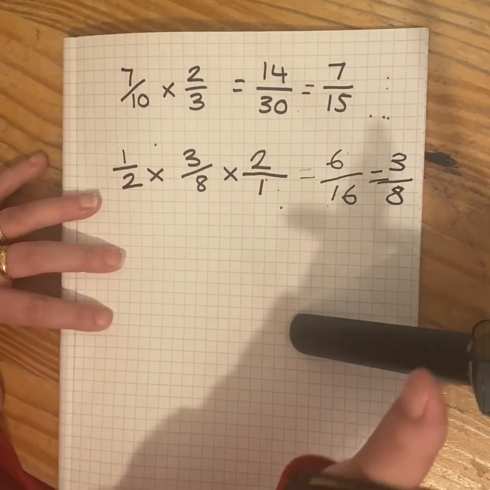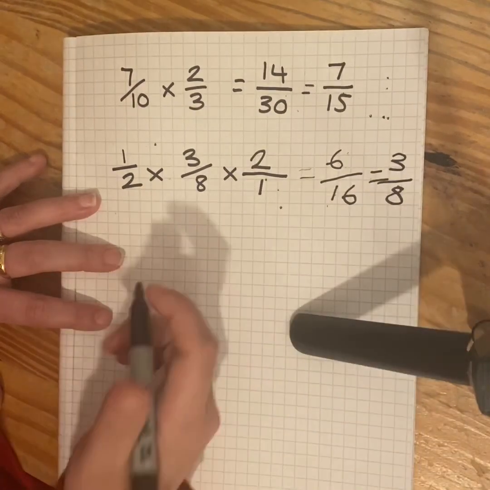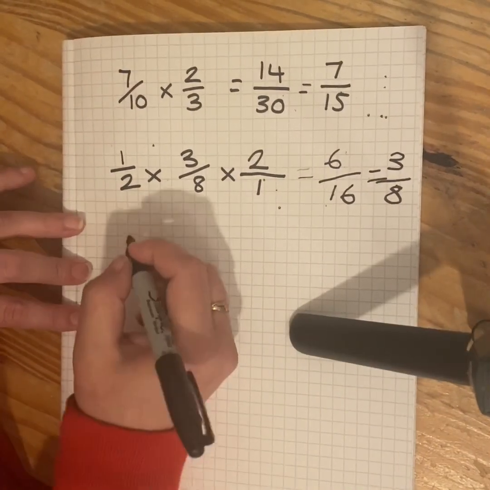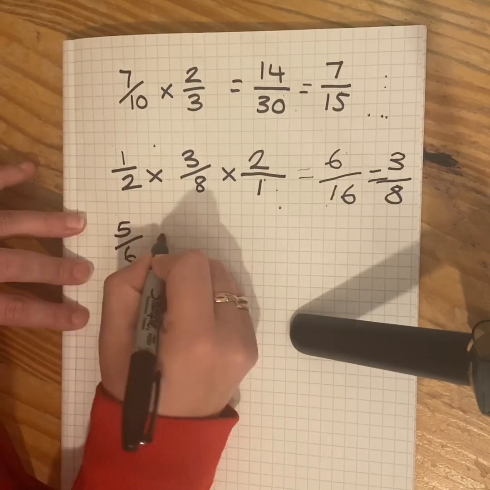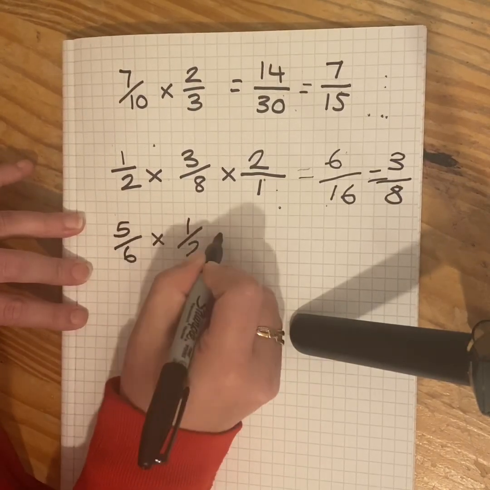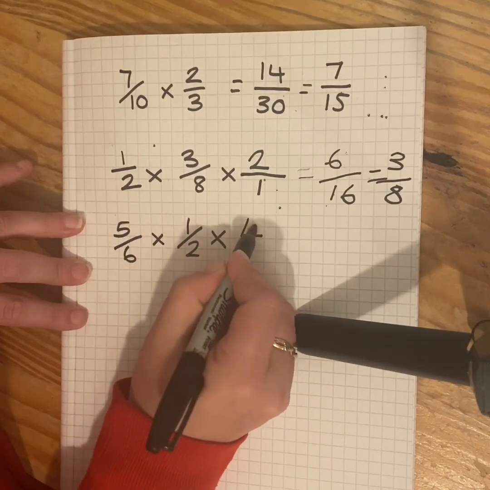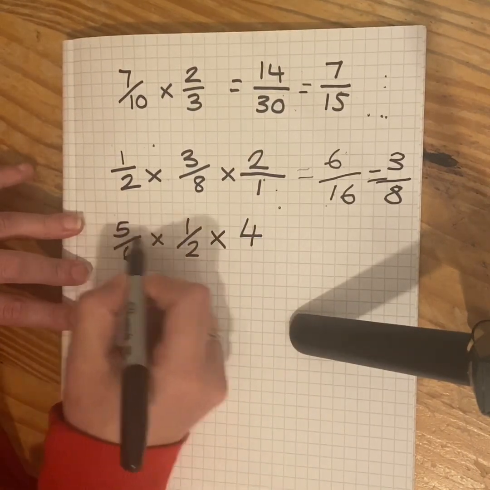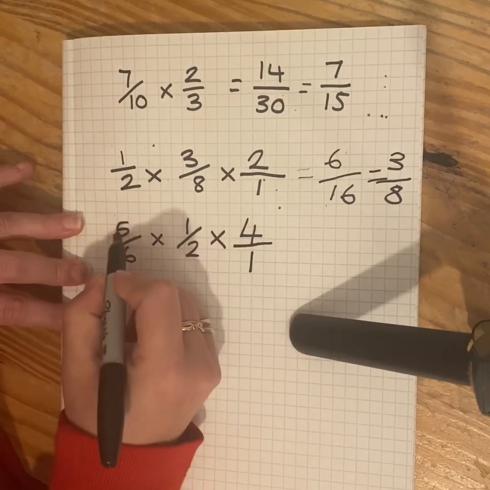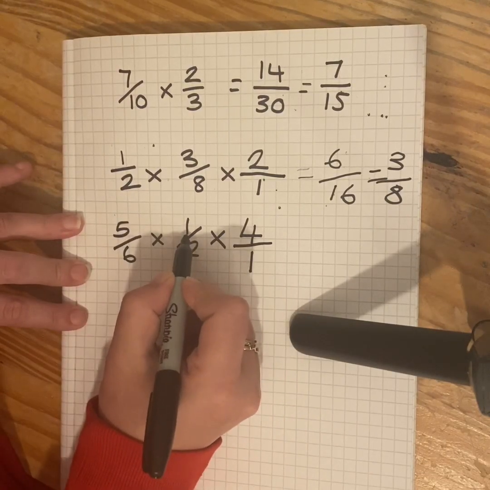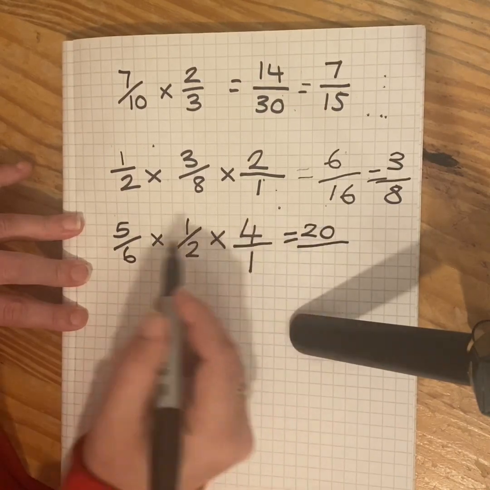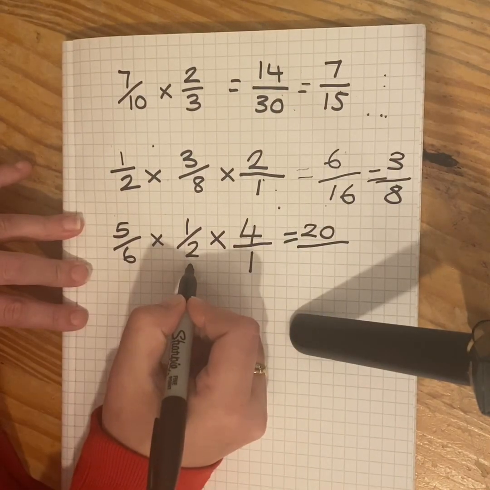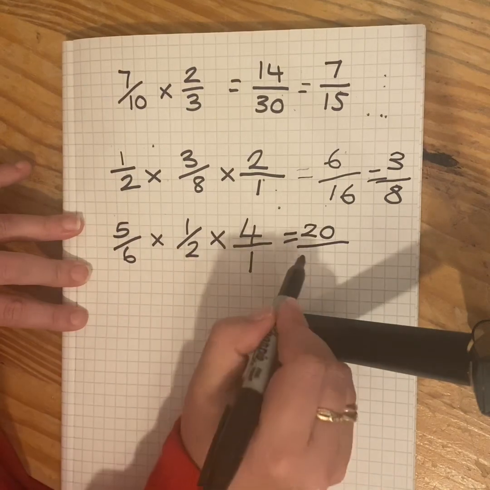Okay, we'll have another go at one of those. So we could have 5/6 multiplied by 1/2 multiplied by 4. 4 over 1. 5 times 1 is 5, times 4 is 20. 6 times 2 is 12, times 1 is still 12.